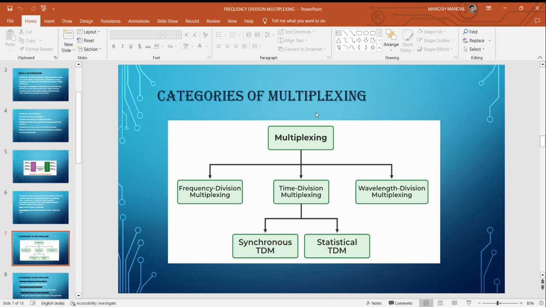Categories of multiplexing. Multiplexing is divided into three major categories: frequency division multiplexing, time division multiplexing, and wavelength division multiplexing. Furthermore, time division multiplexing is divided into two types: synchronous time division multiplexing and statistical time division multiplexing.